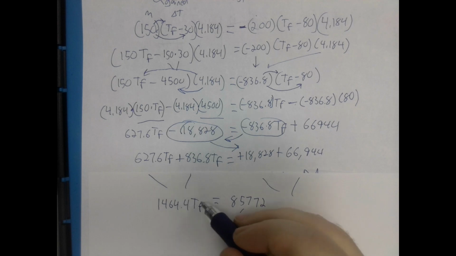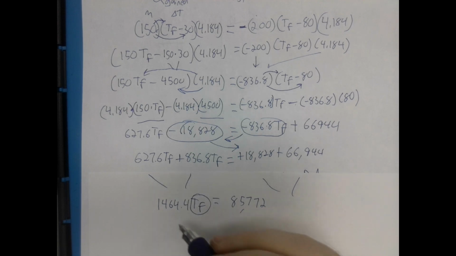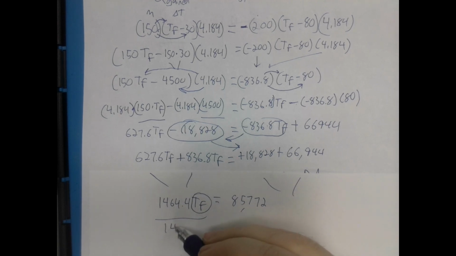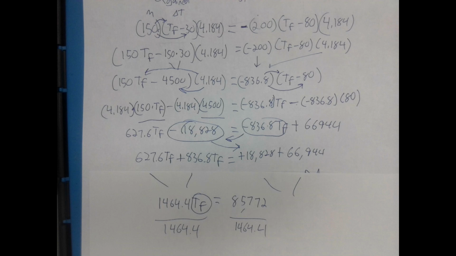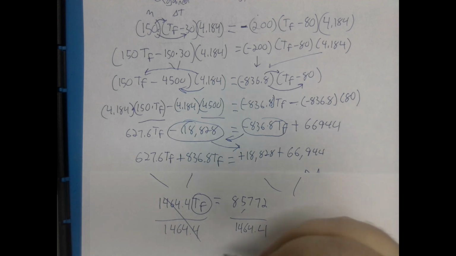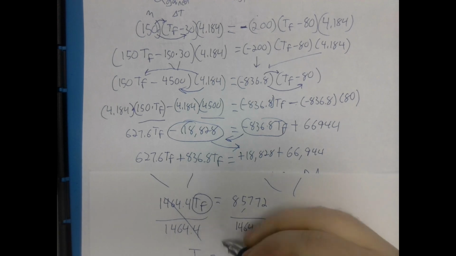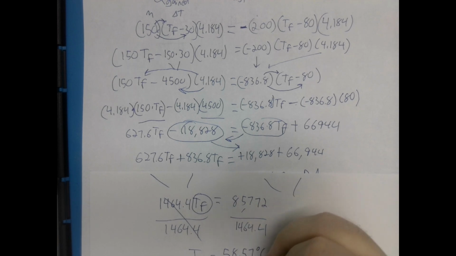And now we need to solve for TF by getting rid of this term in front. So we divide by it, and we get 58.57 degrees Celsius.